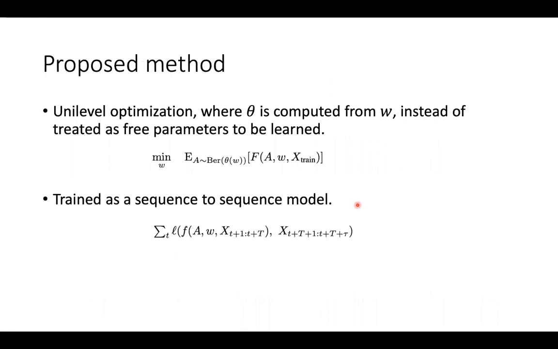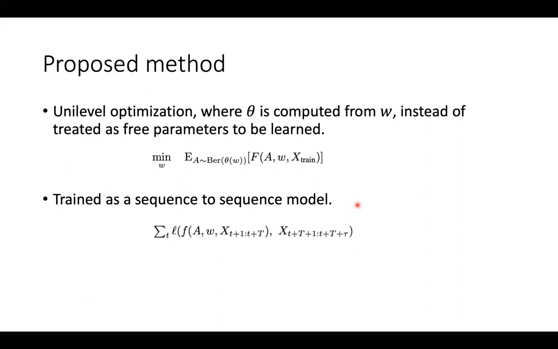So in this paper they want to propose a more efficient way to deal with the joint learning of the graph structure. Instead of formulating it as a bi-level optimization problem, they view it as a unilevel optimization, where theta is no longer an n by n matrix of learnable parameters that need to be optimized.